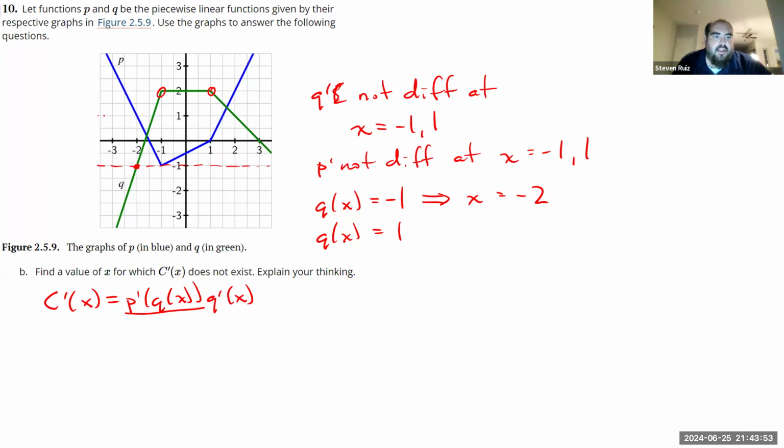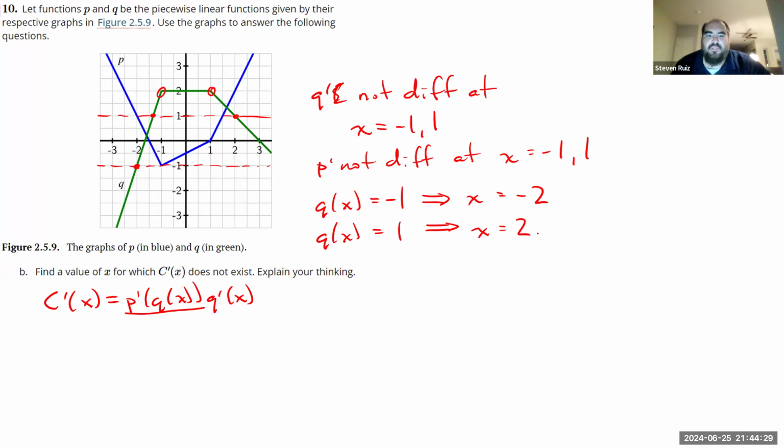What about where y equals 1? I apologize. Where does the green function equal 1? So I see two different places. One is x equals 2, and the other one is a little bit harder to pin down, but I believe that's going to be somewhere between -1 and -1.5.